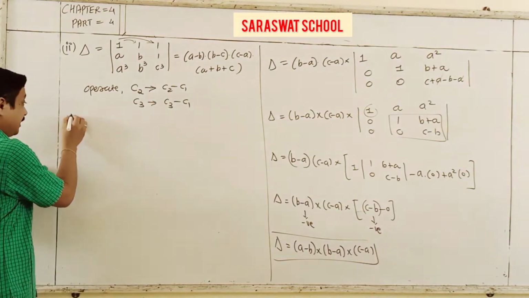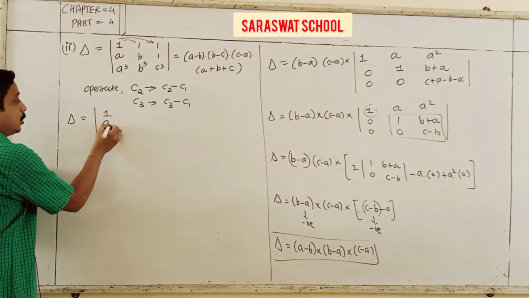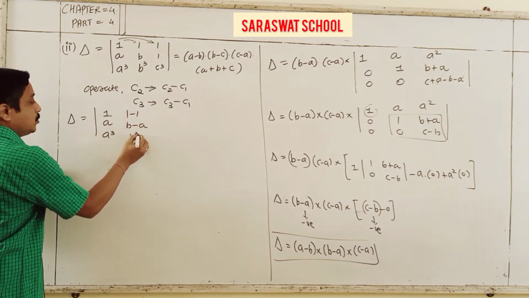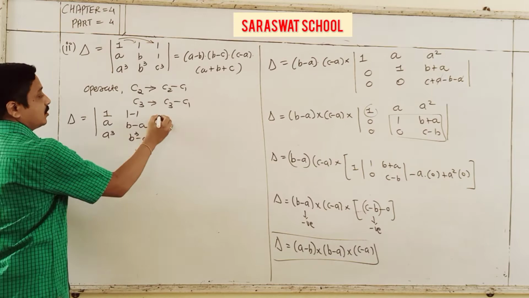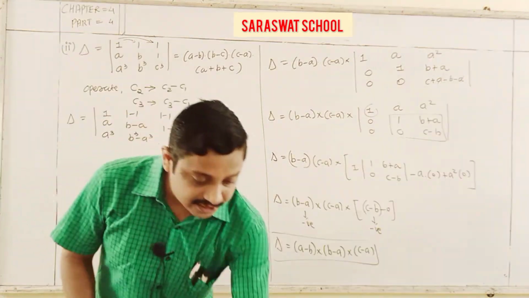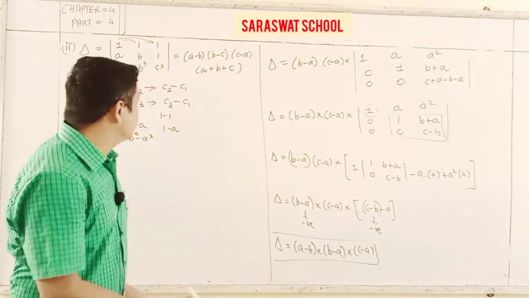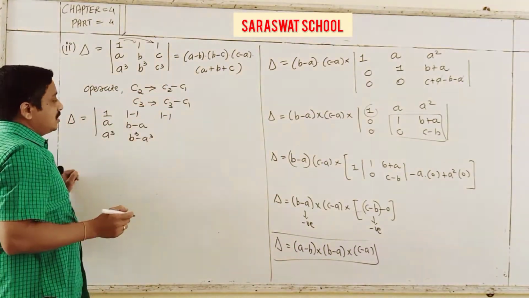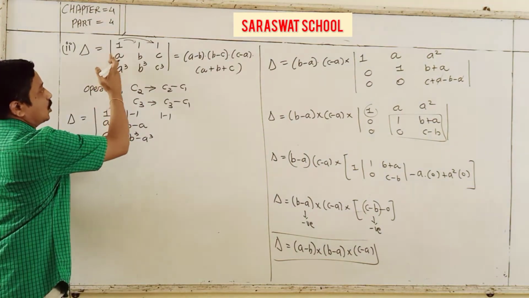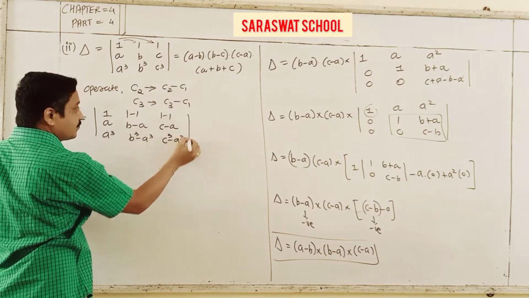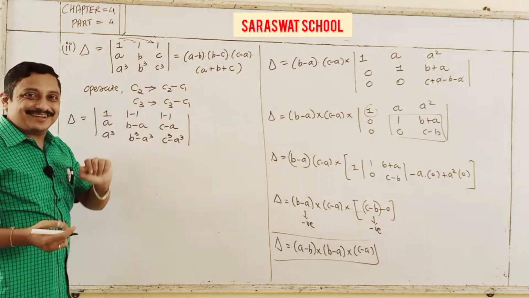So del, I have 1 a cube, here 1 minus 1, b cube minus a cube, same 1 minus 1, 1 minus a. I think my mistake there in the question: I read it as a, b, c by mistake. So students, here c cube minus a cube. By mistake I wrote 1.